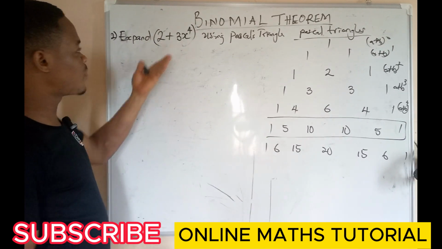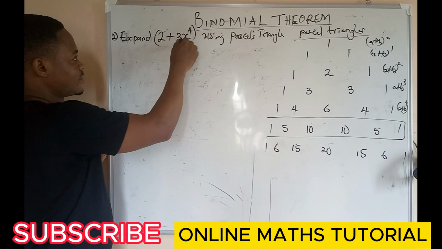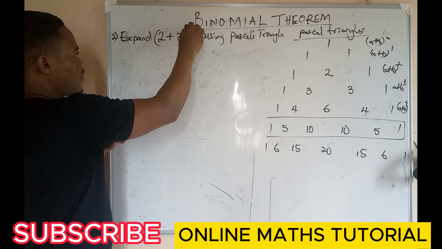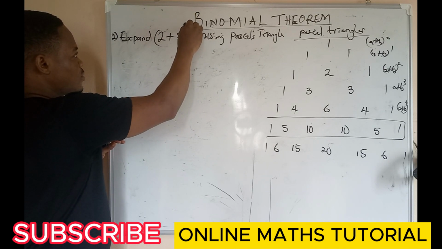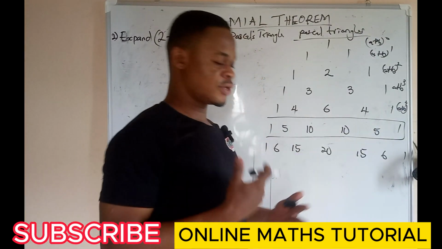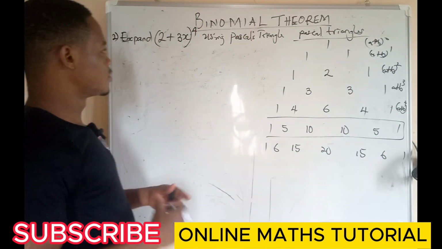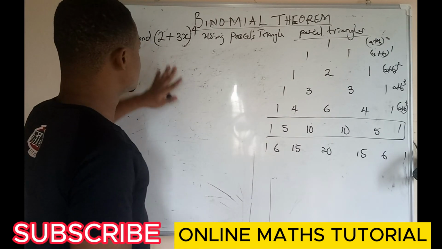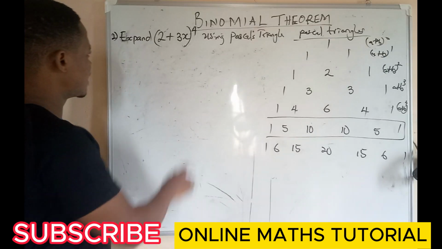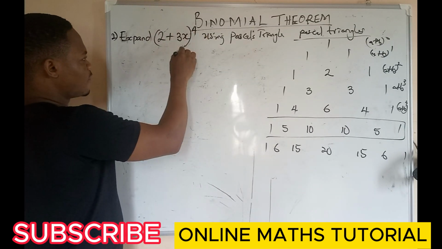So we are asked to expand this, all raised to power 4. So these are basically some of the ones you'll be seeing in your examinations or what have you. So we are asked to expand this problem, and this is all raised to power 4.